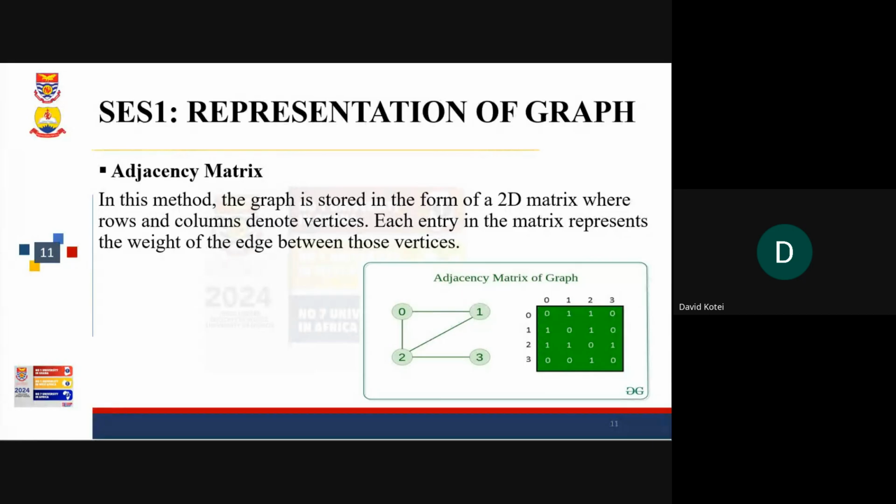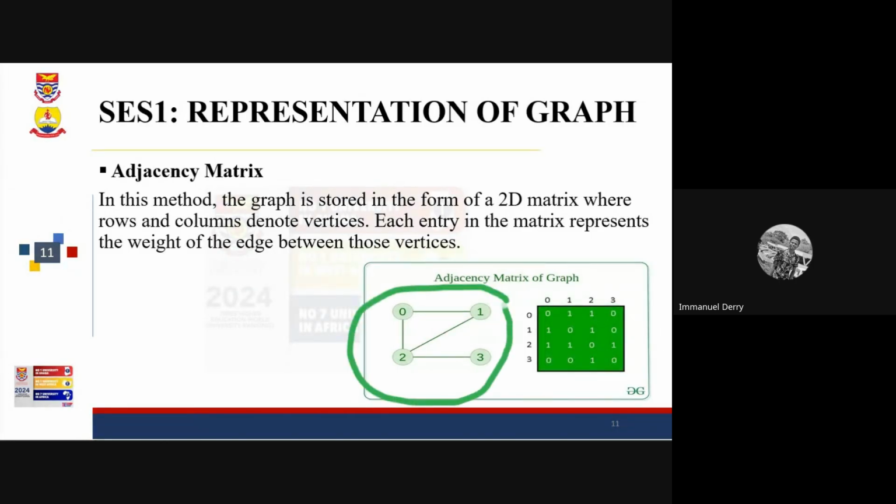Yes, sir. All right, so one thing you have to notice is that this is an undirected graph, so we can move either way and it's going to work. For instance, 0 to 1, we had a 1 over here. Similarly, 1 to 0, we have 1 over here.